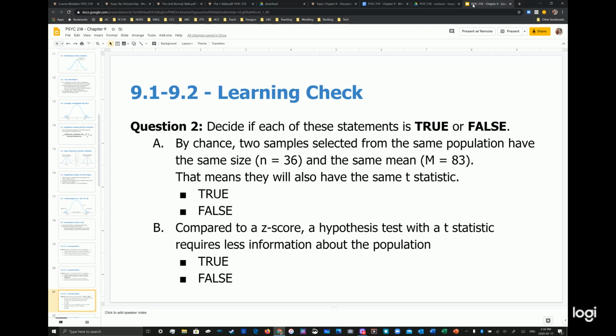Again, think about these statements in terms of sample size and sample mean. What happens when you get 2 samples from the same population with the same size and the same sample mean? And then for Z-score, in comparison to a t-statistic, think about what information is required for a t-statistic.